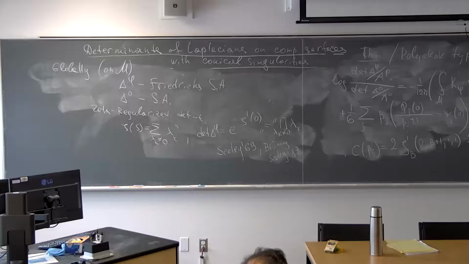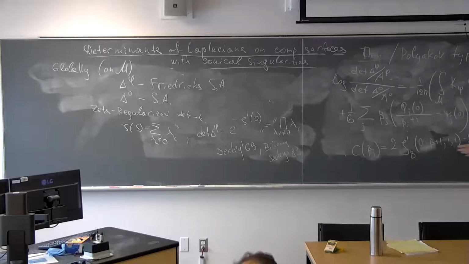And for M5, it's 2 beta j e 2 phi j of z squared. So this is the value of this guy at the tip of the cone, and they are continuous. Well, this one is even smooth. And for the second one, this one is the value of this guy at the tip of the cone, and this one is only continuous.